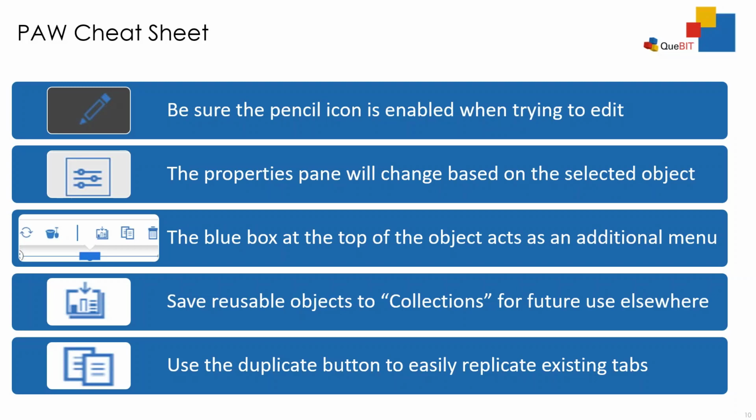So you don't have to recreate all your buttons if you want buttons on every tab, and you don't have to recreate any background images. So that'll just save you a lot of time in development. Just make one good template and duplicate it where needed. So those are the things that I found most useful when you start getting into the development of PAW.